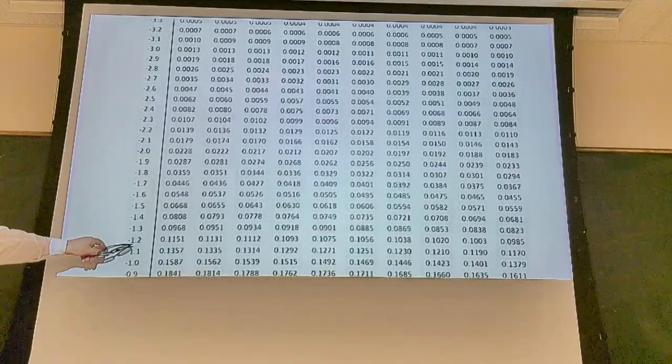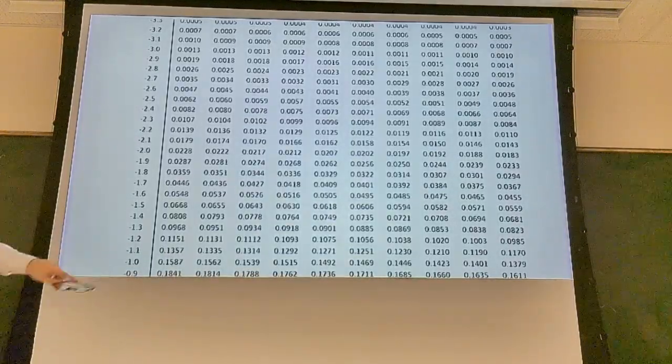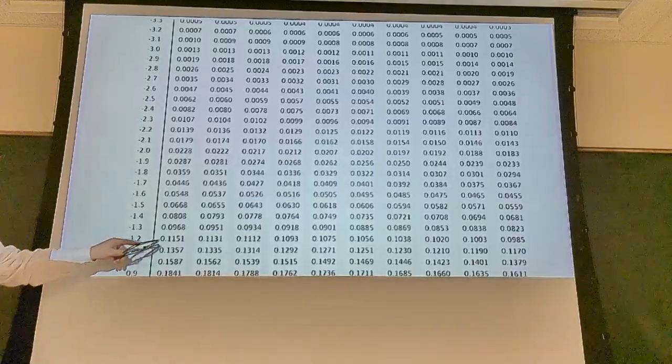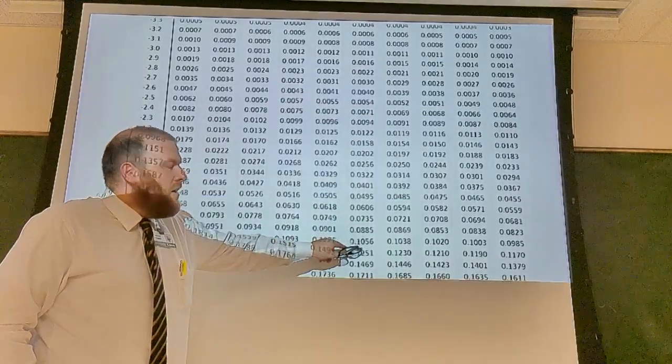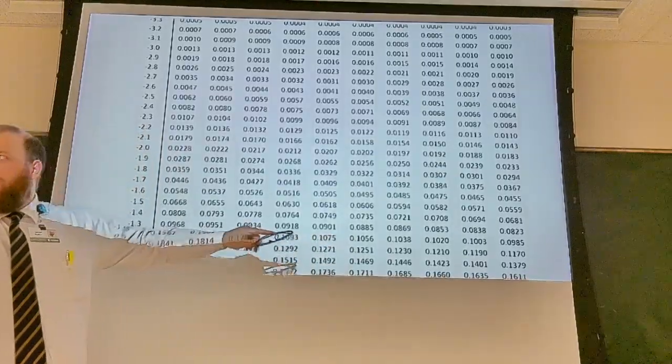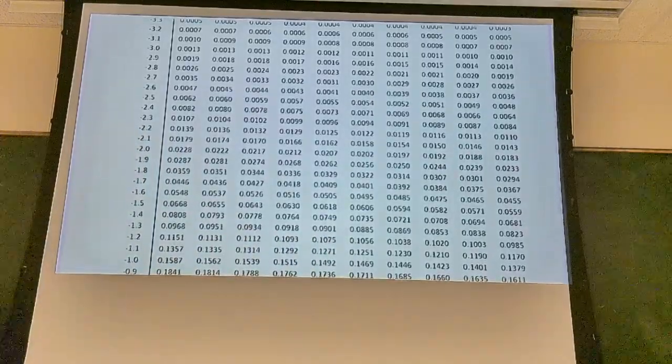Now go to the 0.05. I'm just going to count: 0, 1, 2, 3, 4, 5. 0.1056.